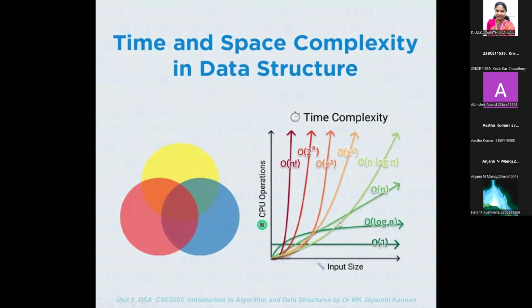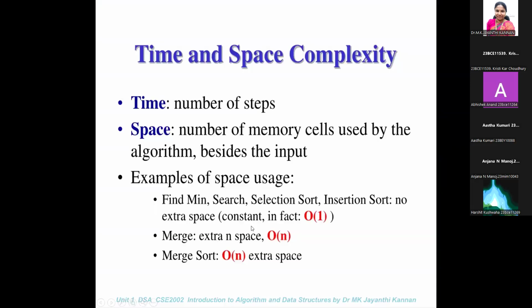Then the others are order of n log n, order of n square, order of n cube, and exponential, order of n factorial as well as order of 2 to the power of n. So based on the algorithm with respect to time and the number of inputs, the algorithm may produce the complexity in constant form, linear form, quadratic relationship, or it may be exponential.